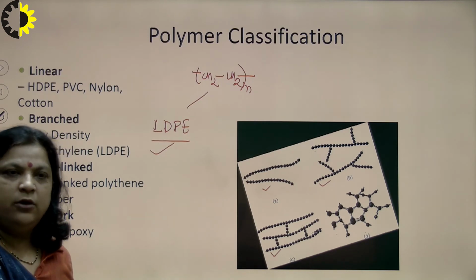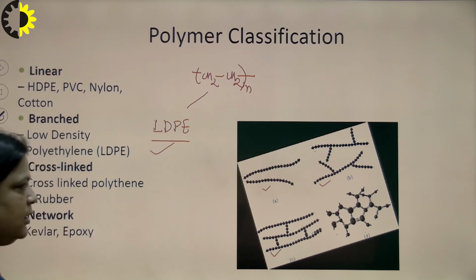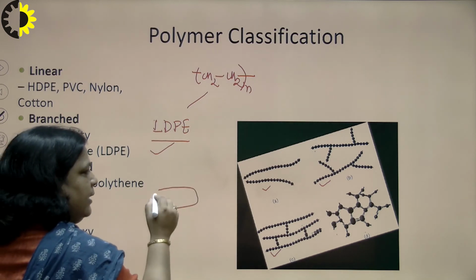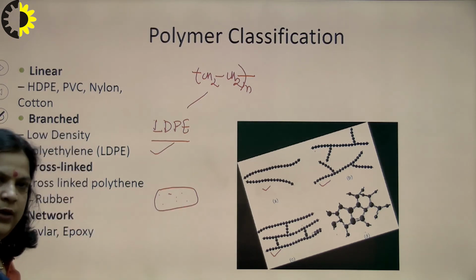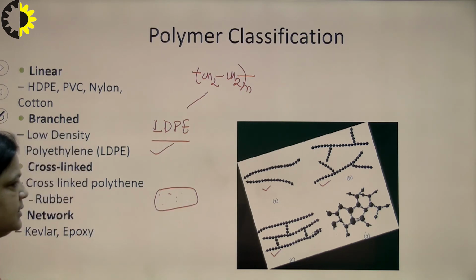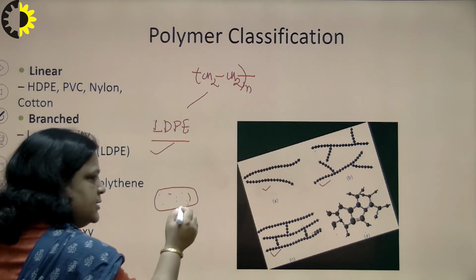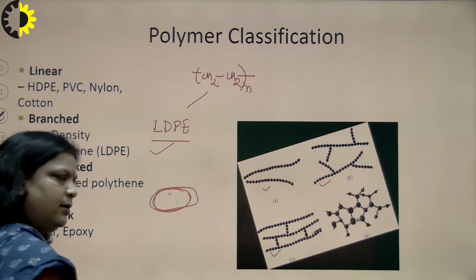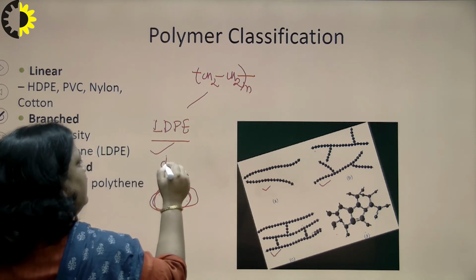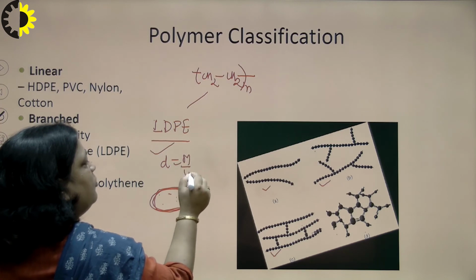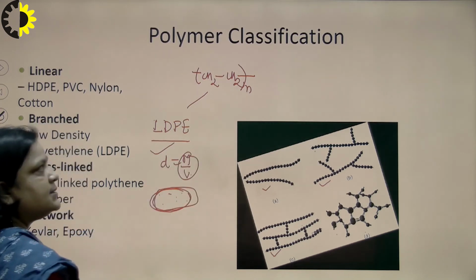Just imagine you are going somewhere, or in your hostel, and you put your clothes in the bag unpressed. Then very few clothes fit in the bag. It means the space occupied is comparatively large. Density is mass upon volume, so if volume is more, density becomes less.